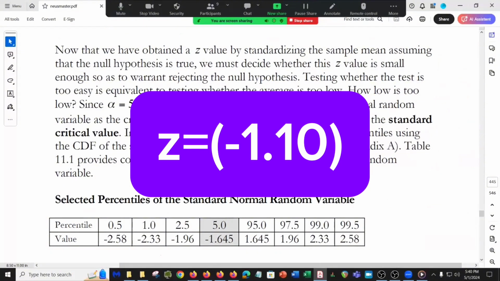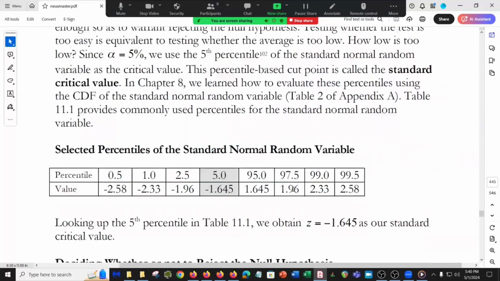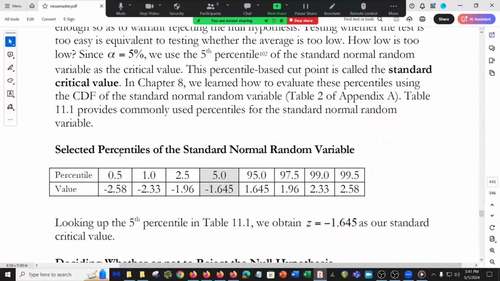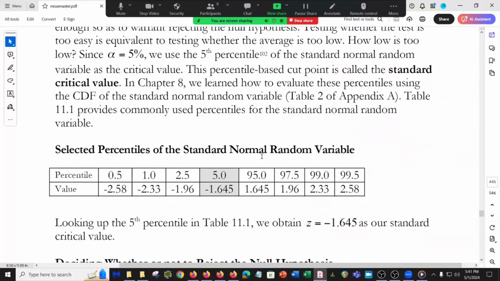Once we plug this into the calculator, we get an observed value for the z-score. Let's see if we can figure out what that is. Now, we need something to compare that to. So we need a left-tailed critical value. We need a left-tailed critical value.